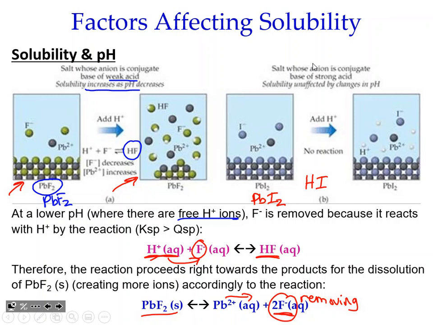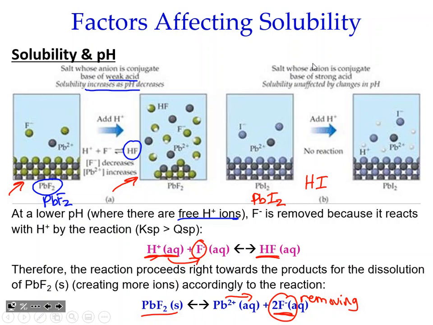Hydroiodic, when it dissociates, completely dissociates, like 100%. So you get H plus and you get I minus. There is no affinity for wanting to bind with the H there. So the I's just float around, the H's just float around. There is no reaction between them. Because it's strong, it completely dissociates, and that's why the solubility of that salt, the PbI2, does not increase. It does not have a conjugate base of a weak acid. It has the conjugate base of a strong acid.